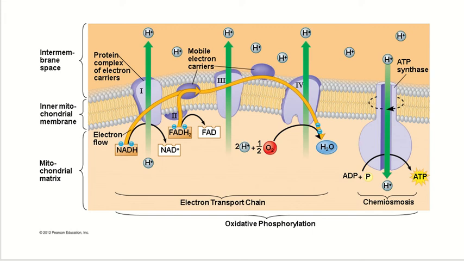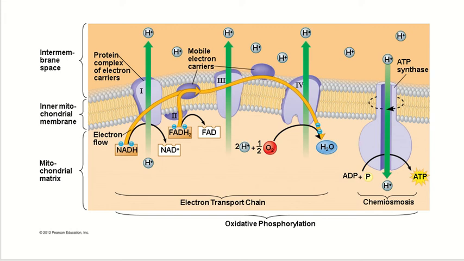So to begin with the electron transport chain, let us begin understanding the left side portion of the figure. Here you have NADH, both coming from glycolysis and the Krebs cycle.